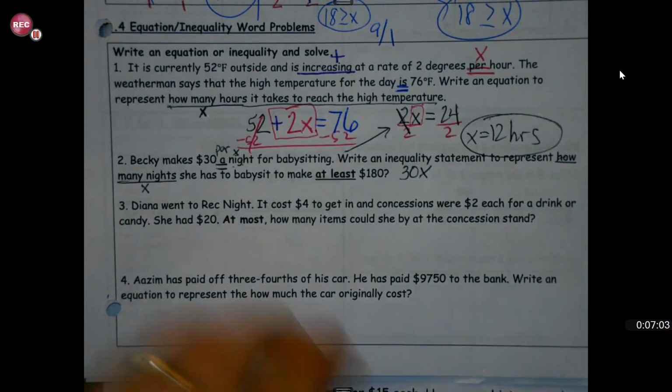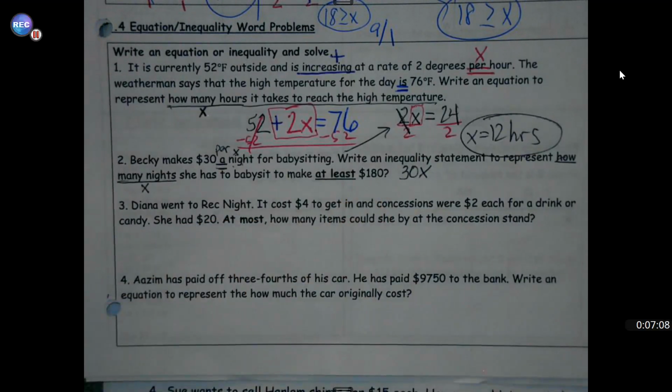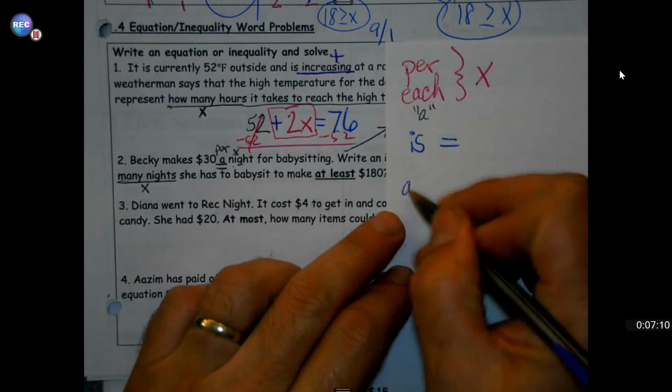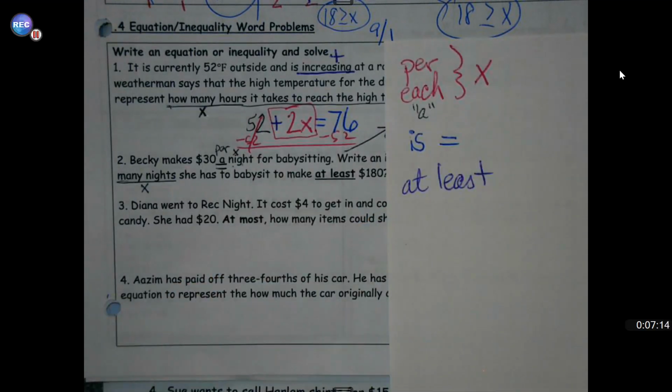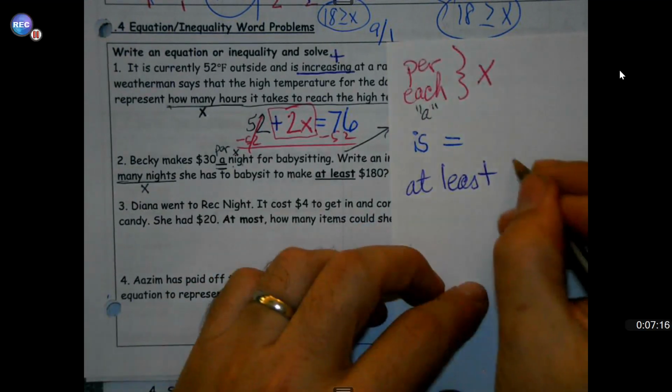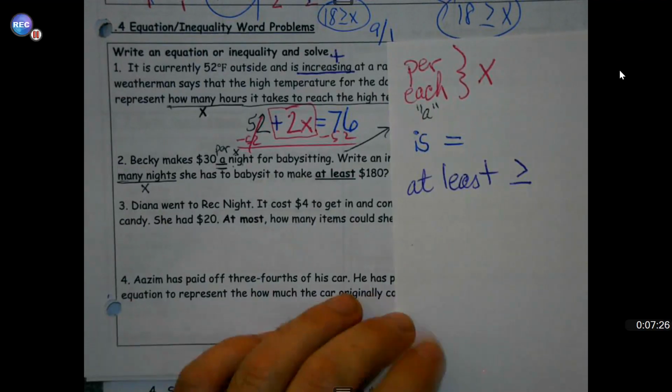There we go. At least $180. Not equals. At least. I want $180 or I want more. I want greater than $180. But $180 at a minimum. If I get more, that's okay.